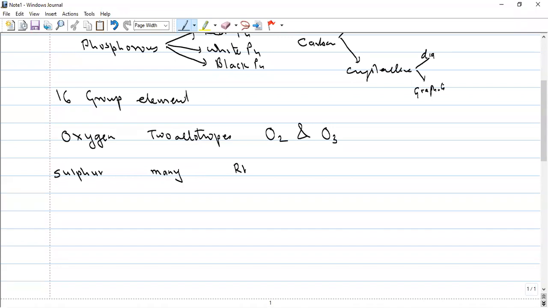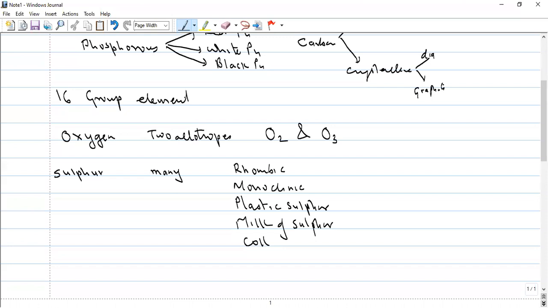One is rhombic sulfur, monoclinic sulfur, plastic sulfur, milk of sulfur, colloidal sulfur. But your textbook has given only two, that is rhombic and monoclinic sulfur. These are the main allotropes of sulfur.